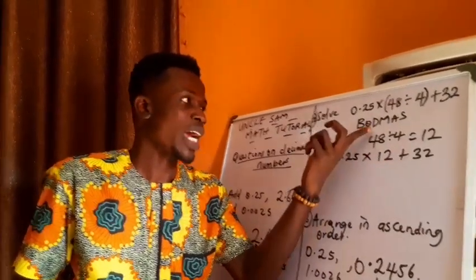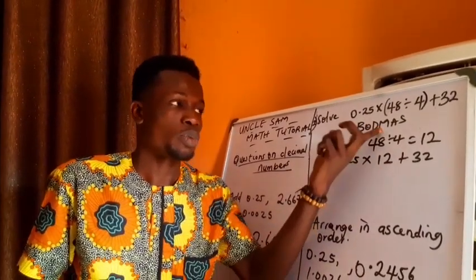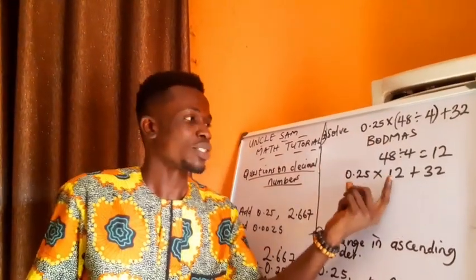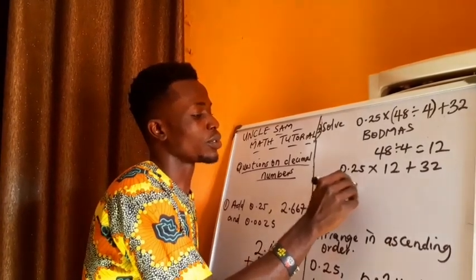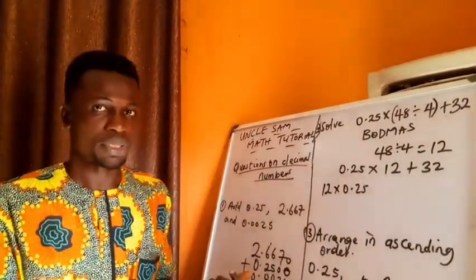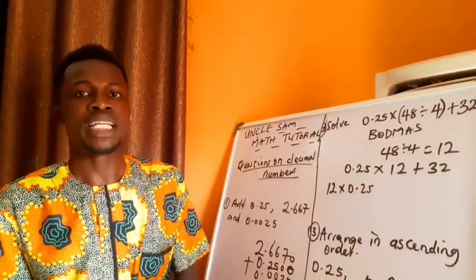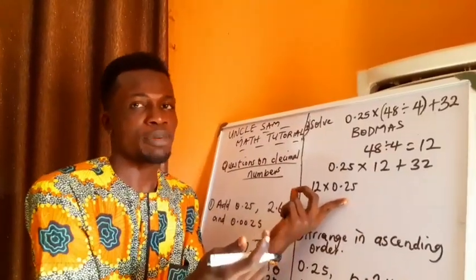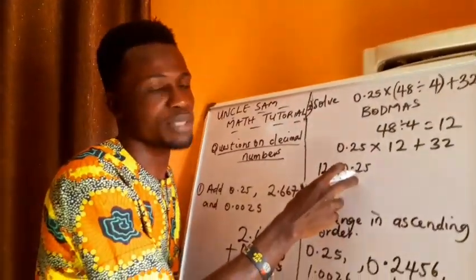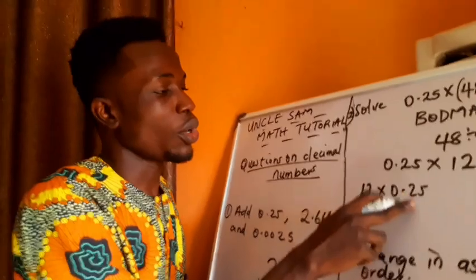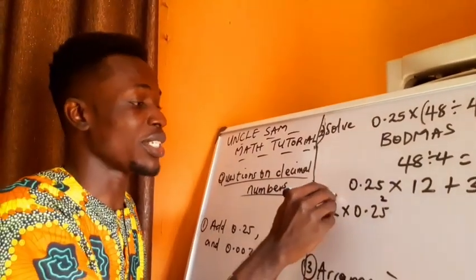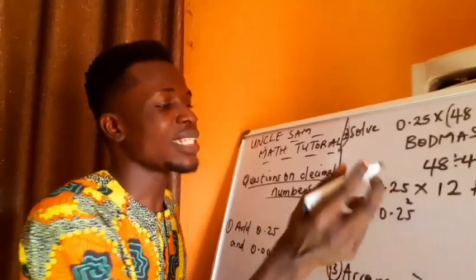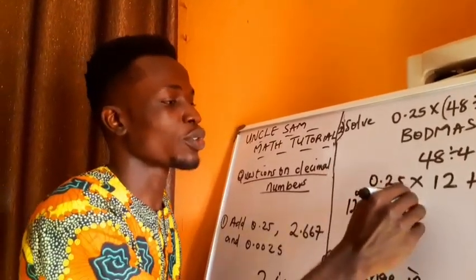The next thing I'm going to do is check: do I have of left? No. Do I have division? No. Do I have multiplication? Yes. So these two are going to multiply. So 12 times 0.25. Now remember what I told you earlier, before you can multiply this type of numbers, you count the number of decimal places. After the point, count 1, 2. So we have 2 decimal places. Here doesn't have any decimal place, so it's 0. Add the decimal places together: 0 plus 2 is 2.